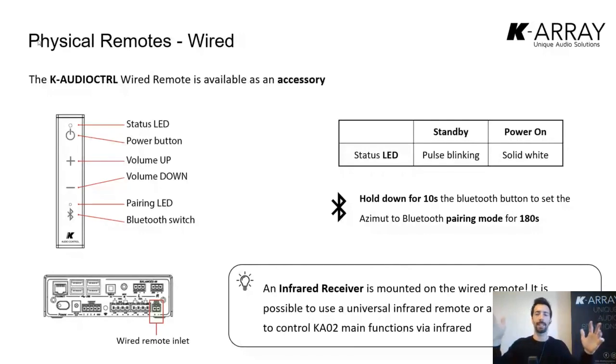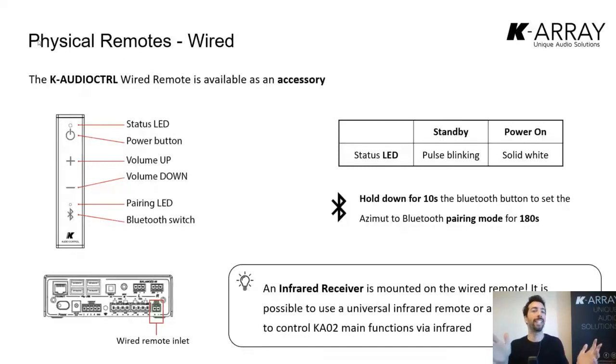If you install these systems in hotel rooms, most of the time, unfortunately, people steal wireless remotes. You can decide to buy this one, and it can be mounted on a wall, for example. It looks like a lizard, very small. But you have to physically wire this remote to the amplifier.